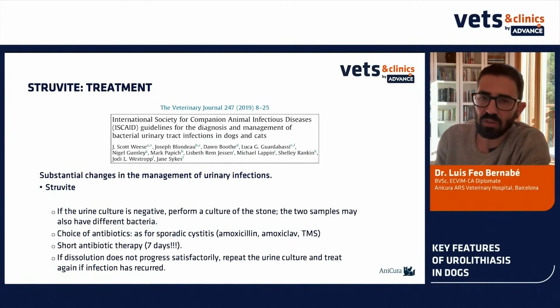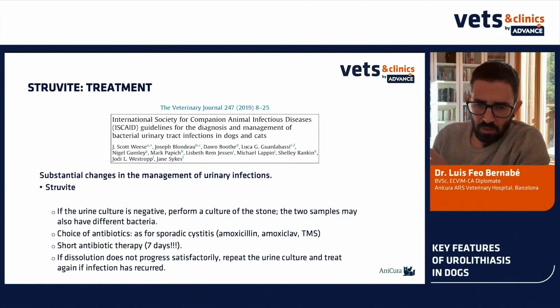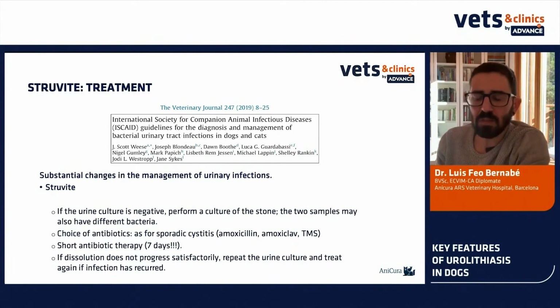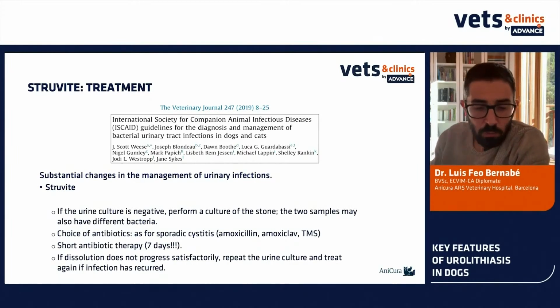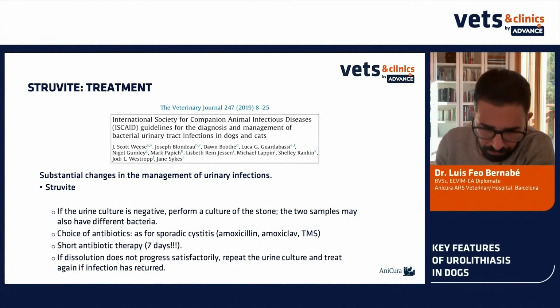For the antibiotic I use at the beginning, before we have the urinary culture results, I will recommend amoxicillin clavulanic or TMS, trimethoprim sulfa. This is one of the biggest changes they have proposed in these guidelines: they recommend short antibiotic therapy of only 7 days. Probably for me it's too short, but this is the recommendation they give us. I'm more for 3 to 4 weeks and not only 7 days, but it could be an option.